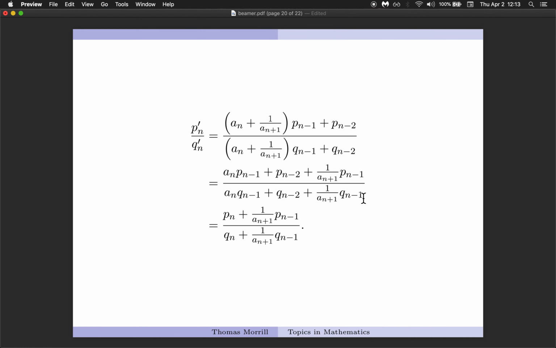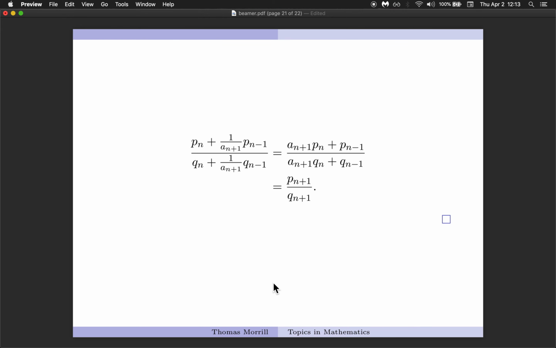Looking on the denominator, the only difference is I'm using the letter q instead of the letter p, so the algebra still checks out and I get qn, my current denominator for a convergence to alpha, plus 1 on an plus 1 times qn minus 1. Okay, so what's that?